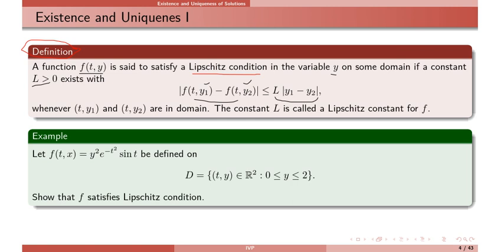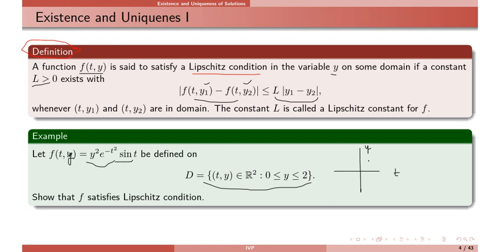So for example, I have written this function. Take f(t, y) equal to y square e power minus t square sine t, defined on this domain. This is just notation to write points in the plane. So this is t, this is y. So a point will be a pair, so any point will be (t, y) in R2, where t is free.